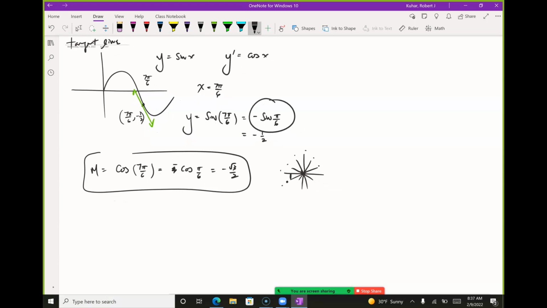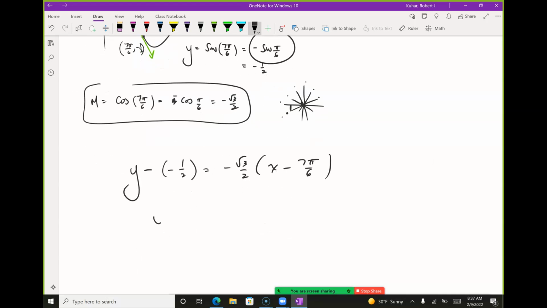All right, tangent line. Y minus negative 1/2 equals negative rad 3 over 2 times x minus 7 pi over 6. So y plus 1/2 equals negative rad 3 over 2 times x plus 7 pi rad 3 all over 12.